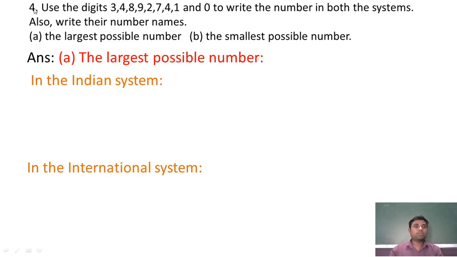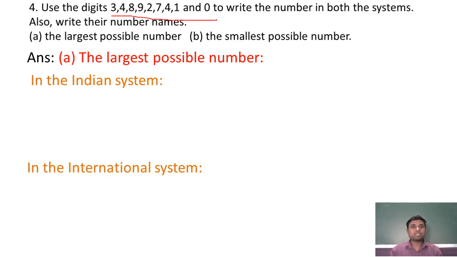Question number 4. Use the digits to write the number in both systems, that means in the Indian system and in the international system. Write their number names. A, largest possible number, and B, smallest possible number. So in the Indian system, just see the digits.